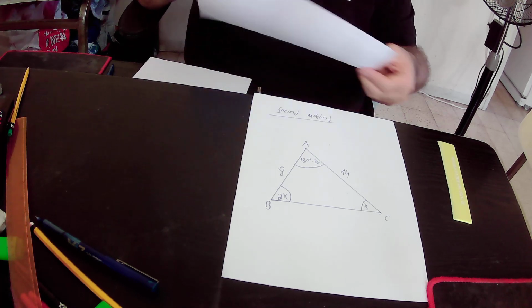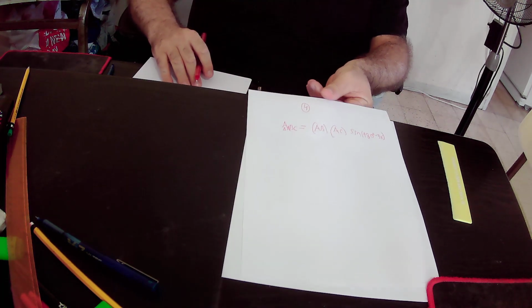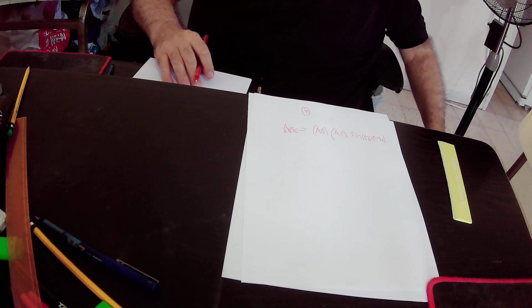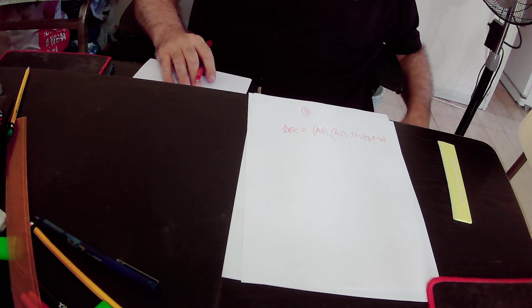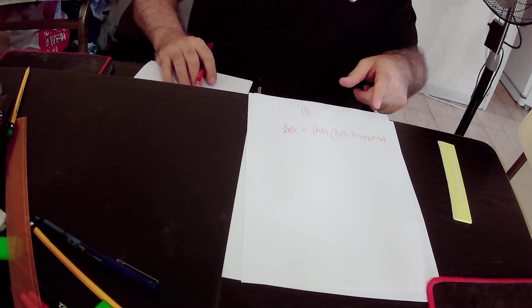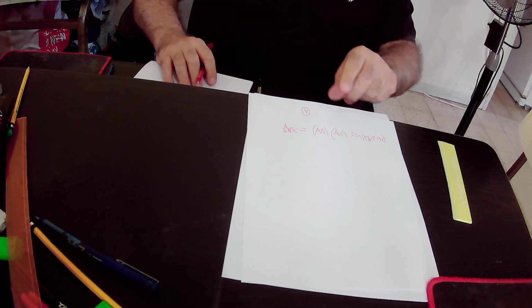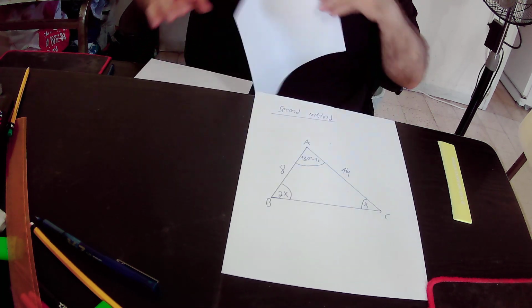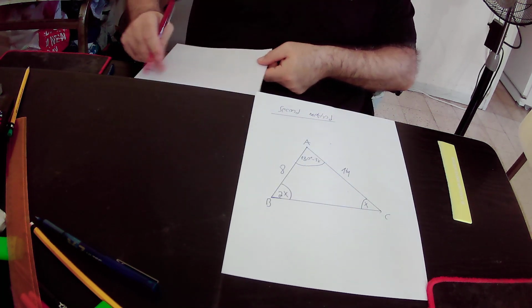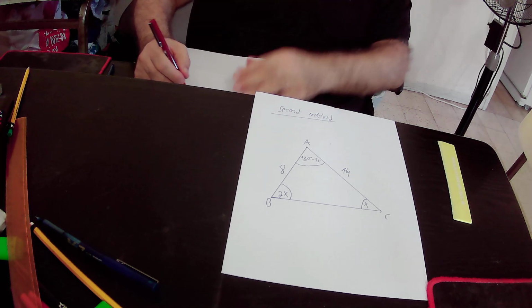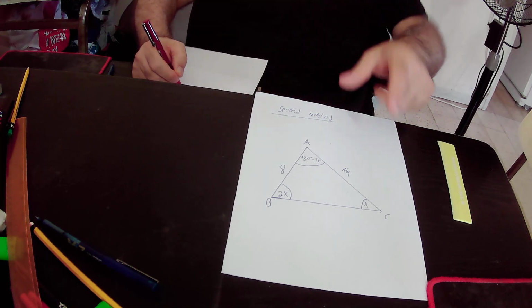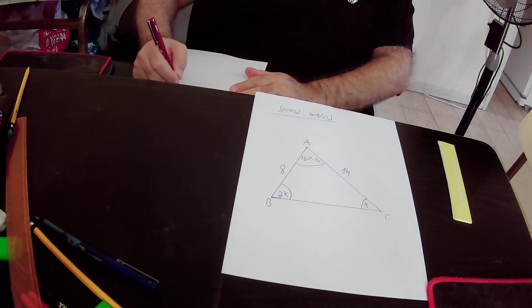According to the formula that I mentioned 1 minute ago, the area equals AB times AC times sinus 180 degrees minus 3x. But what is the value of AB? AB equals 8 units and AC equals 14 units.